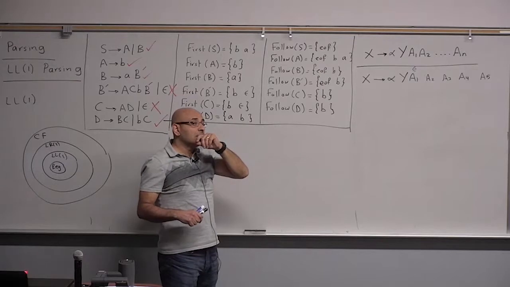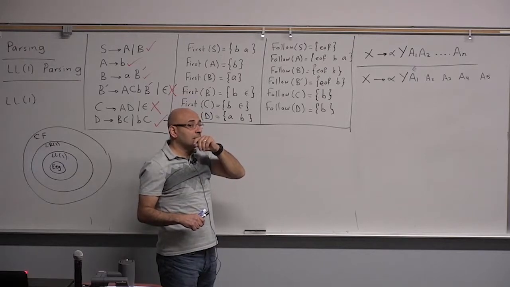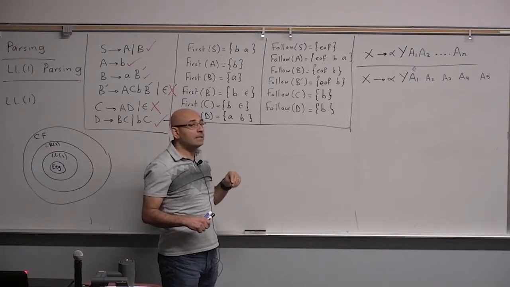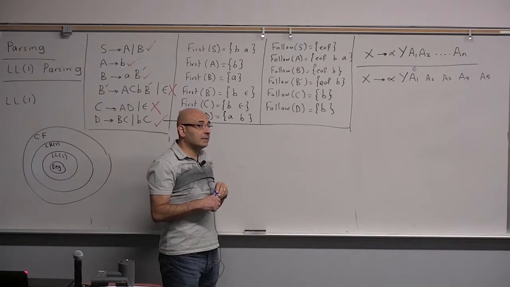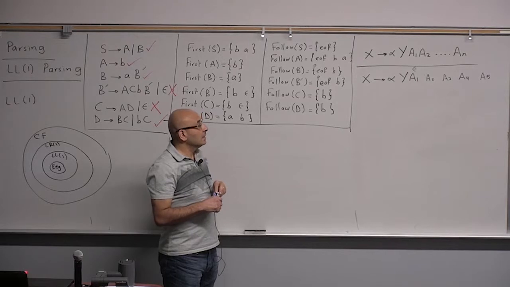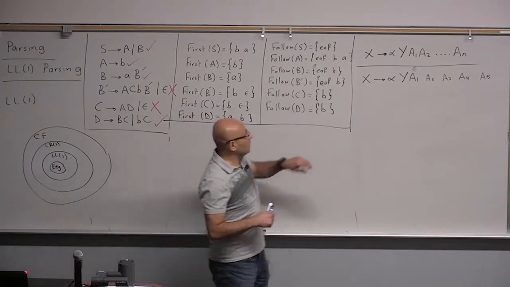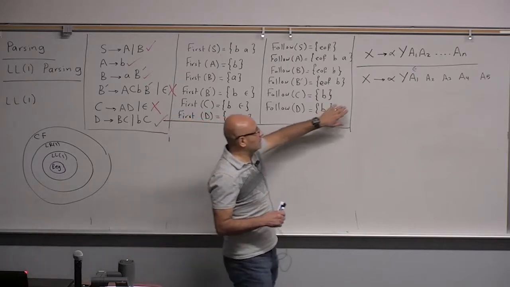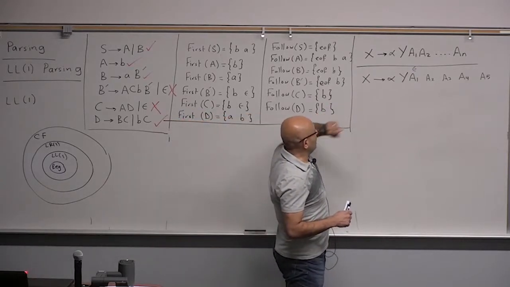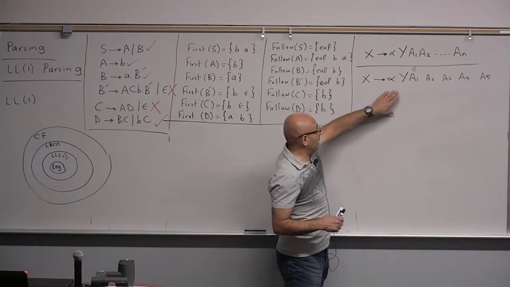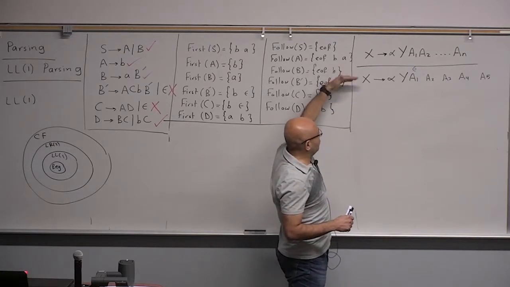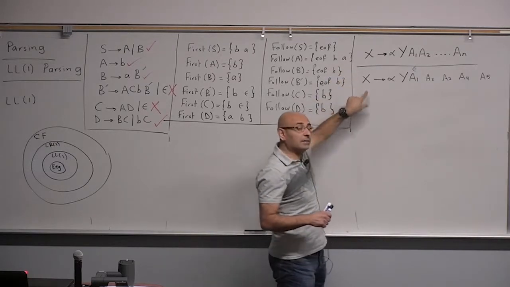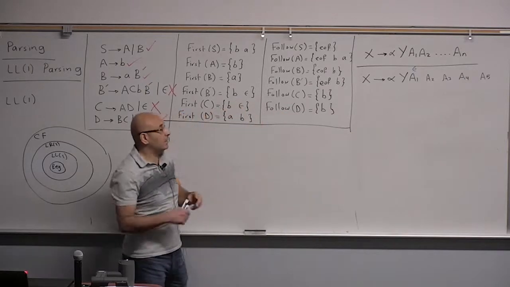If you don't have the complete follow set of X yet, then you have to go through another iteration to get the follow set of X if you need it. That will always be the case. If in the current iteration the follow of X is not complete, we'll have to go through another iteration.